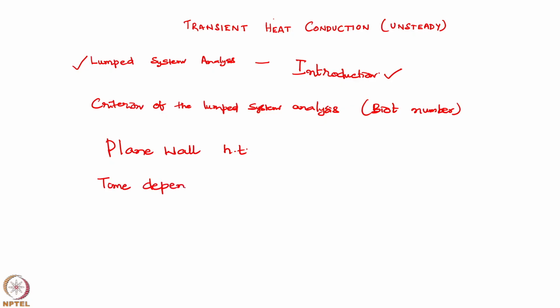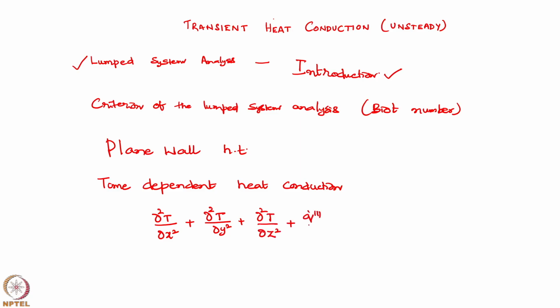If you recall the heat diffusion equation, del squared T by del x squared plus del squared T by del y squared plus del squared T divided by del z squared plus q dot triple prime, that is the heat generation term, divided by the thermal conductivity is equal to 1 by alpha dou T by dou t.